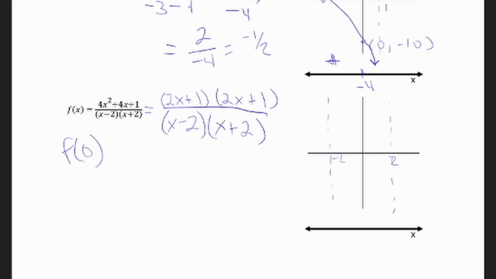Next, you set this whole thing up equal to 0, and you have two terms here, so that's actually easy. So you just set 2x plus 1 equal to 0, so that you can find out where this graph will equal 0. And then once you have that, you can test out the graph at negative or positive, and just remember that the graph continues on this side of the asymptote as well.